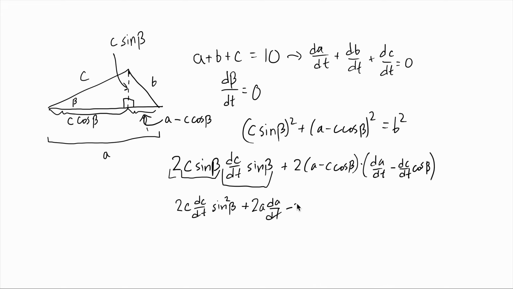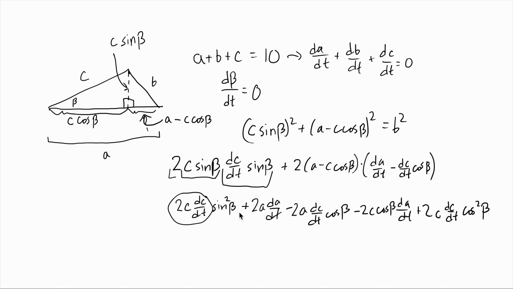So minus 2a times that dc dt cosine beta, inside's right here with the 2, minus 2c cosine beta dA dt, and then the last, something interesting here, you get plus 2 because you have a minus, and then you have a 2, so plus 2, and then you get c dc dt cosine squared beta.